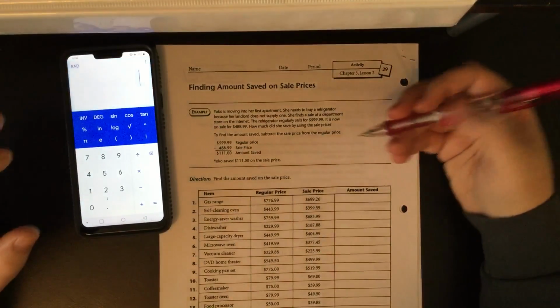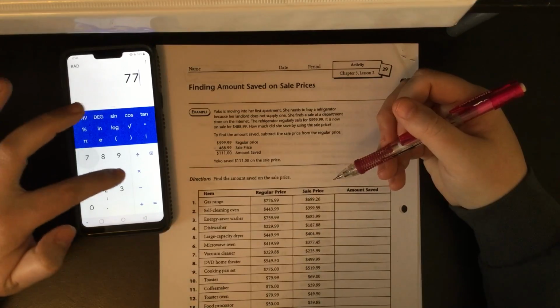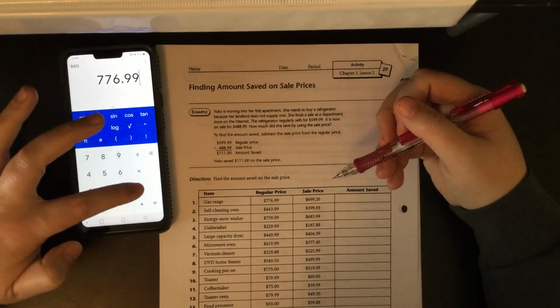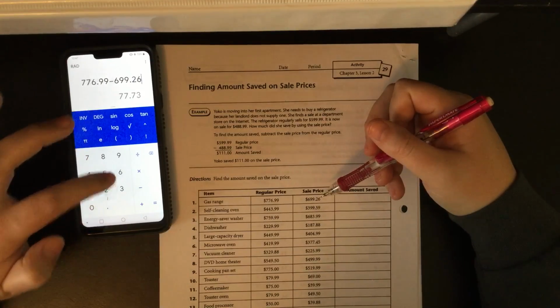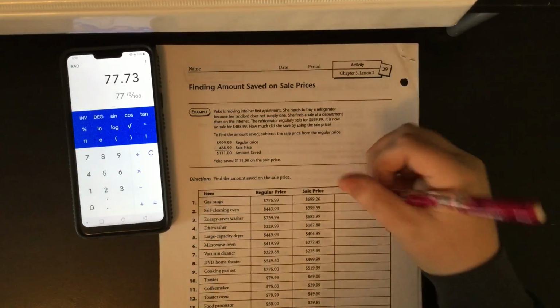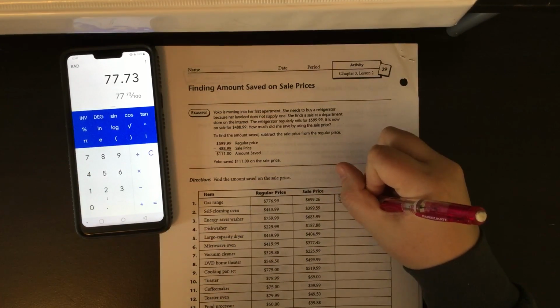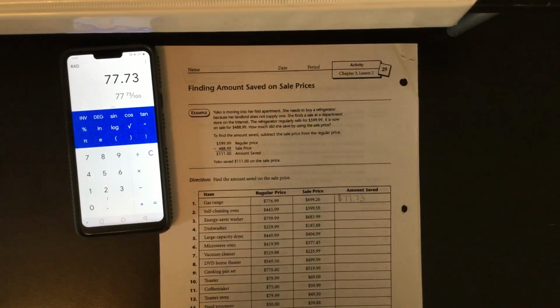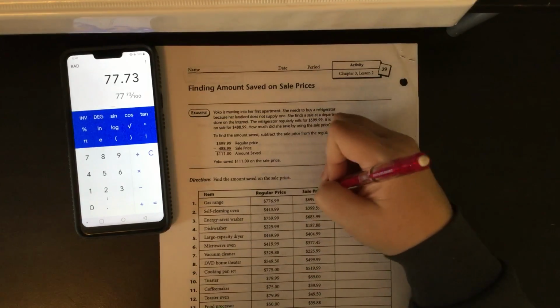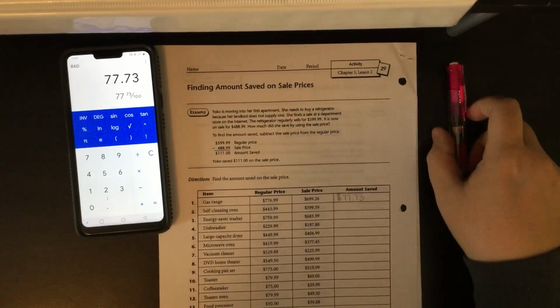So to figure that out, we just want to subtract: $776.99 minus the sale price of $699.26. We saved $77.73. Okay, so just take your regular price, subtract your sale price, and that gets you your answers.